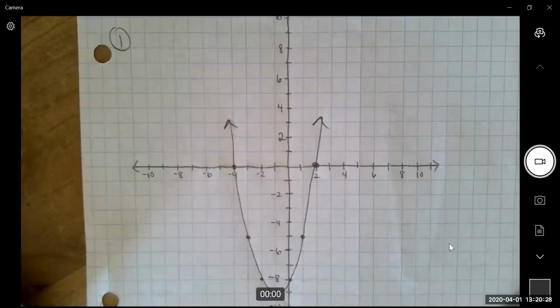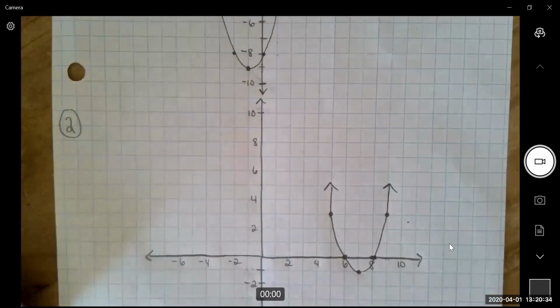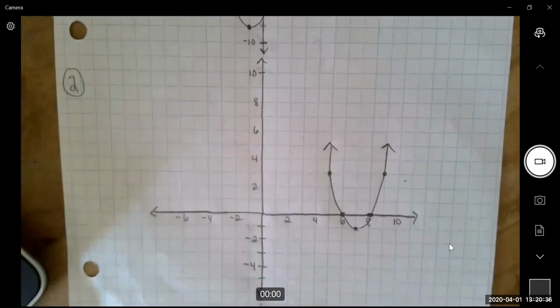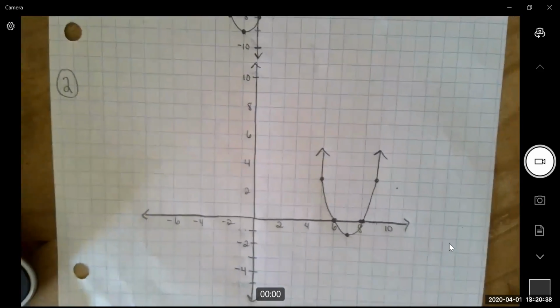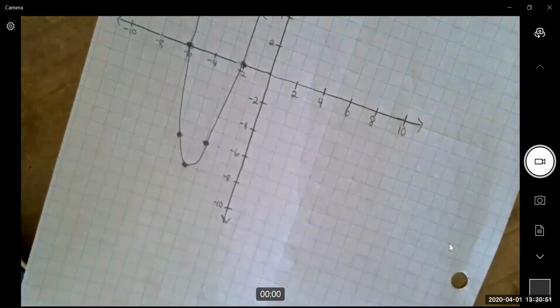There's number 1. Here's number 2. And then number 3 is on the back side of the paper.